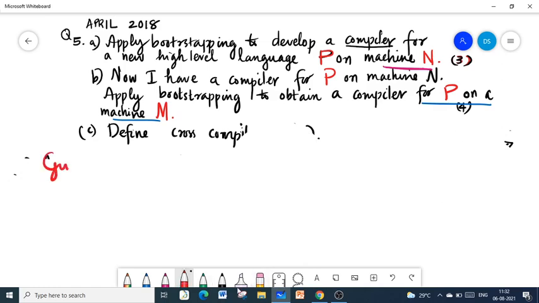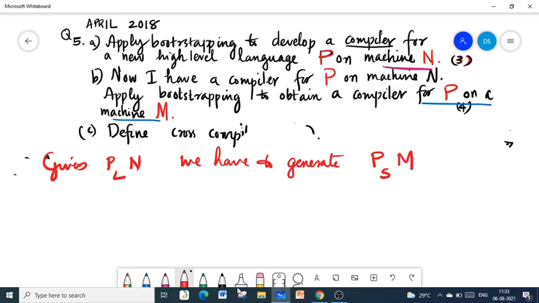Given PLN, we have to generate, for example, PSM using this PLN.